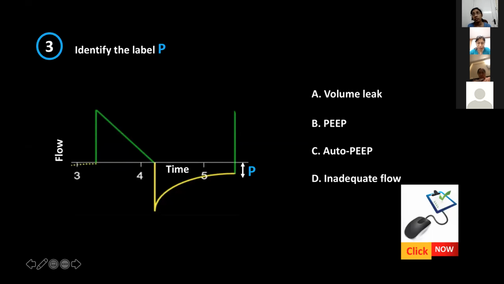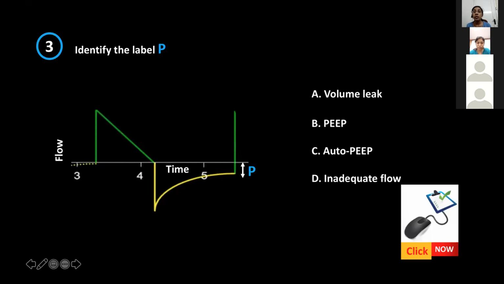Sir, the expiration is necessary because some amount of auto PEEP production, I think in mechanical ventilation there is no adequate amount of time given for expiration. I'm sorry, there is some audio disturbance. Dr. Anbumani, do you want to explain?